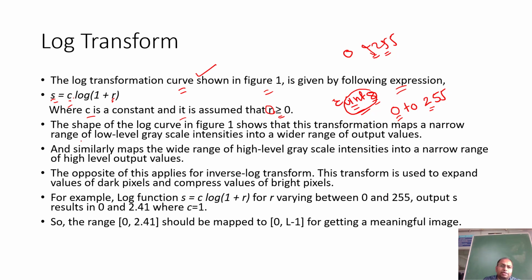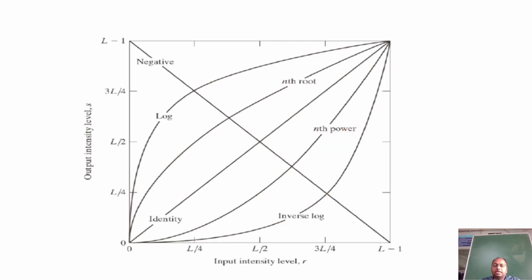The shape of the log curve, as shown in figure 1, shows that this transformation maps the narrow range of low level gray intensities into a wide range of output values. These are the low level gray level intensities, and they have been mapped to higher brightness in the output intensity.